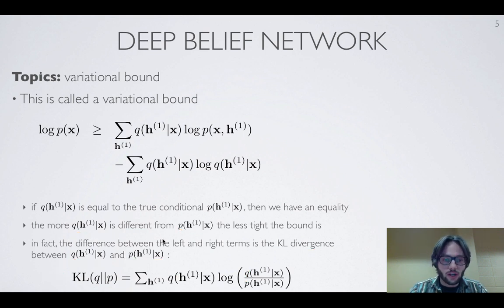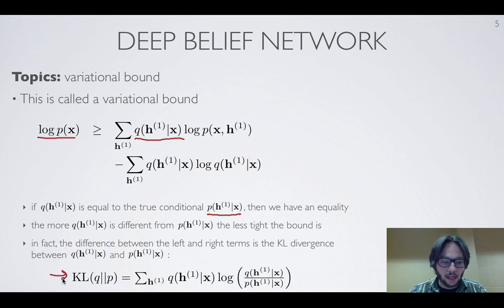So what's interesting with the variational bound is that it suggests a procedure for optimizing the log probability of our training data, even if we have a model where we can't compute that term exactly. The approach we'll take is to instead work with the lower bound and try to push it up. The way this is usually done is that at the first step, we would try to find our approximation Q of h1 that is as close as possible to the true posterior.